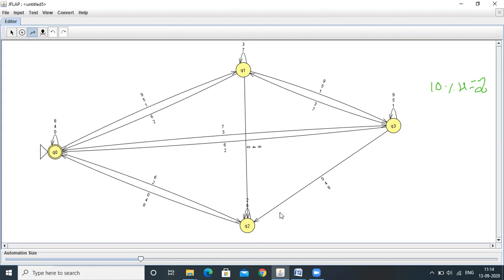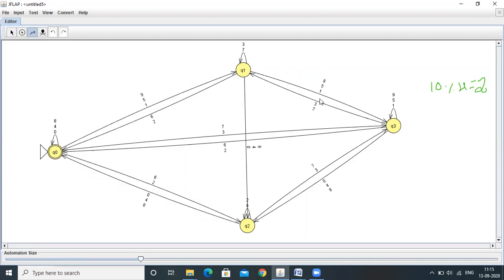Now on 7 and 3. Q2 on 3 becomes 23. 23 modulo 4, remainder is 3. On 7 also it will go to Q3.